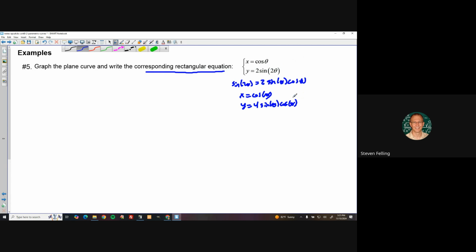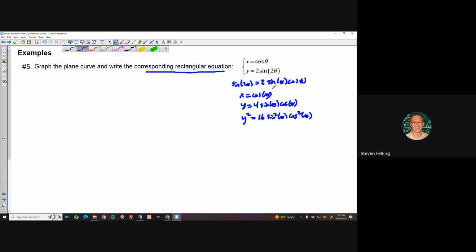What if I were to do this? I've got sine, I've got cosine here. X is just cosine. If I could write y in terms of just cosines, then I could replace those cosines with x's. So what I'm going to do is, it's not going to seem intuitive, but I'm going to square both sides. If I square both sides, I get y squared, and over here I've got 16 times sine squared of theta times cosine squared of theta.